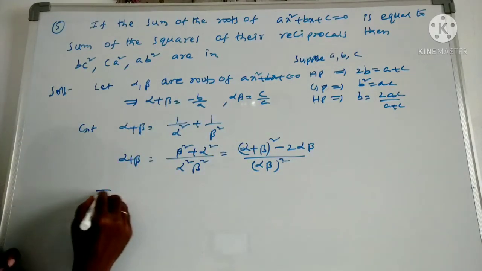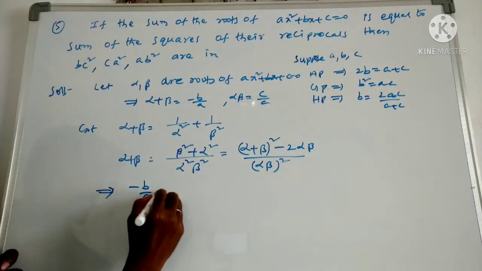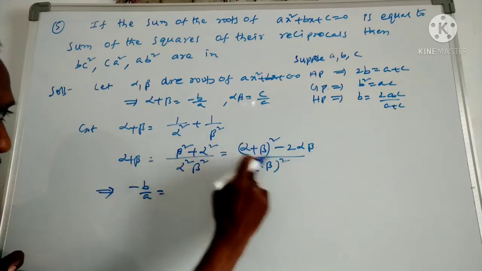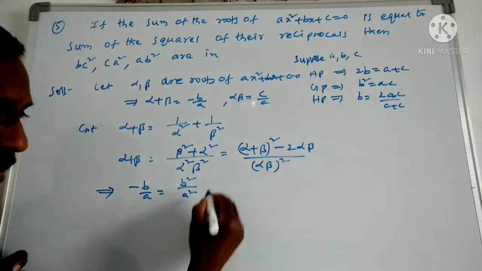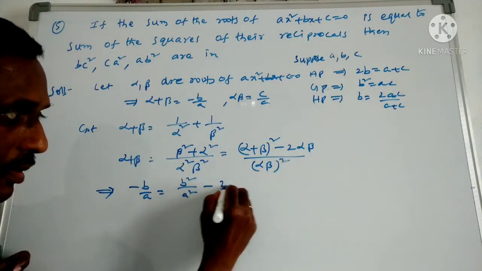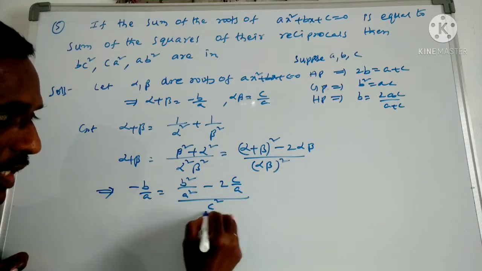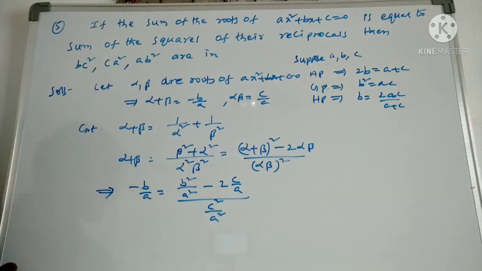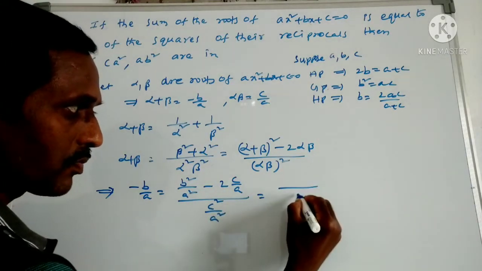If I substitute the values, the sum is minus b by a, that is the remainder. So write the value of the sum of the squares as b square by a square, minus 2 times the product with the value c by a, divided by c square by a square. Once again you have to simplify this. Take the LCM a square.